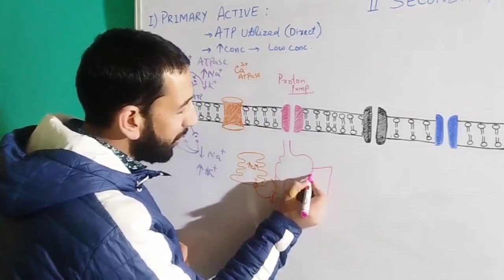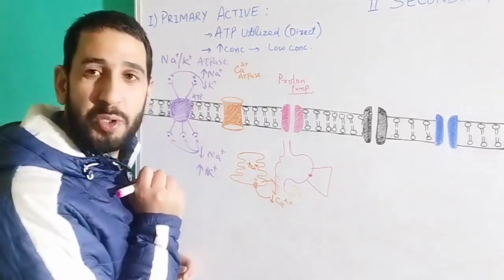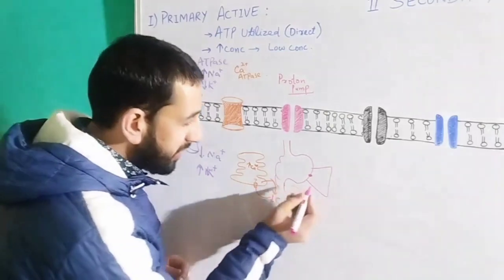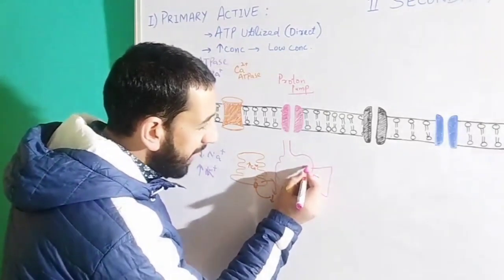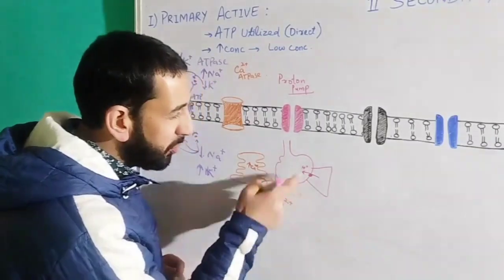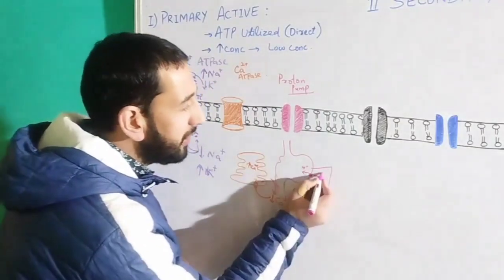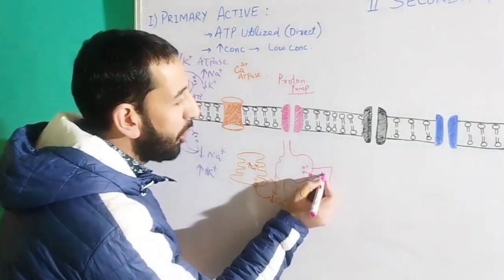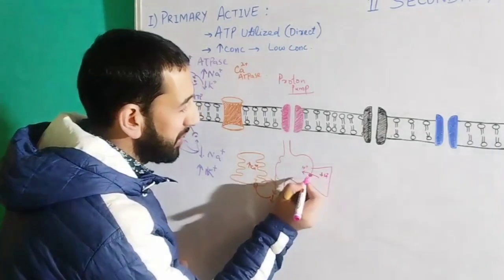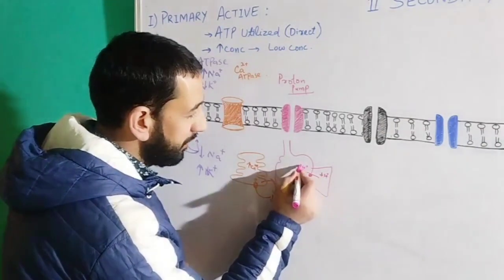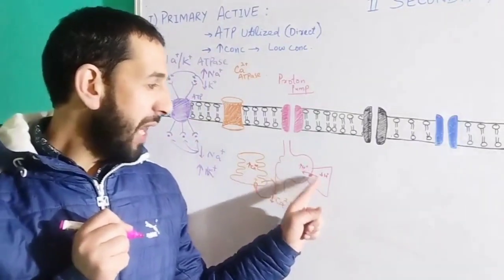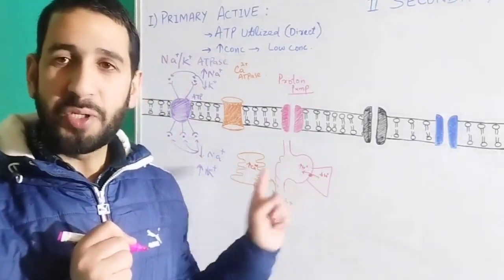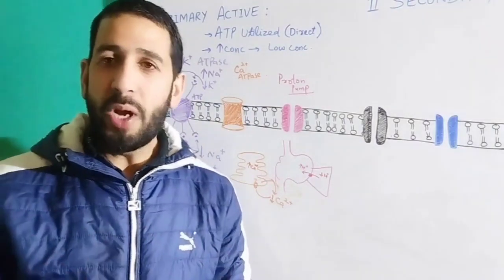The proton pump is transporting the hydrogen ions or protons into the lumen of the stomach, definitely from low concentration to high concentration. Right, it is transporting the hydrogen ions from low concentration to high concentration, and it is called the proton pump.